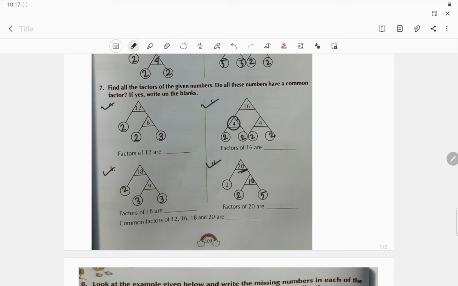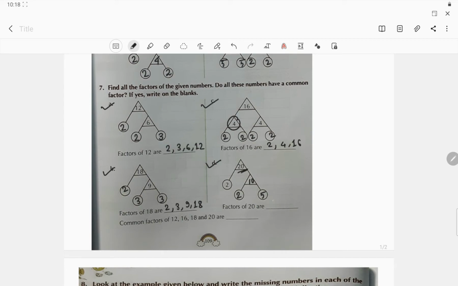Now, in 7, factors of 12 will be, from this tree we can say, 2, 3, 6 and 12. From B we can say factors of 18: 2, 3, 9 and 18. For 16, for C, 2, 4 and 16.